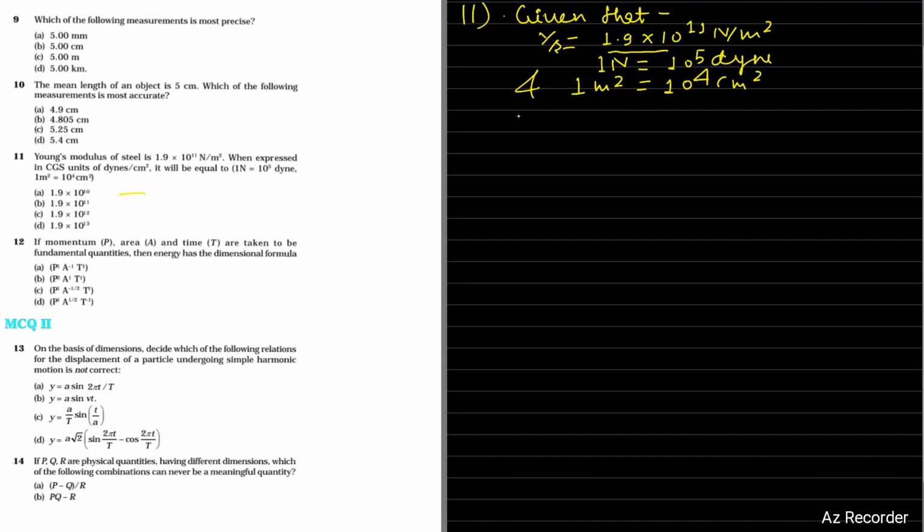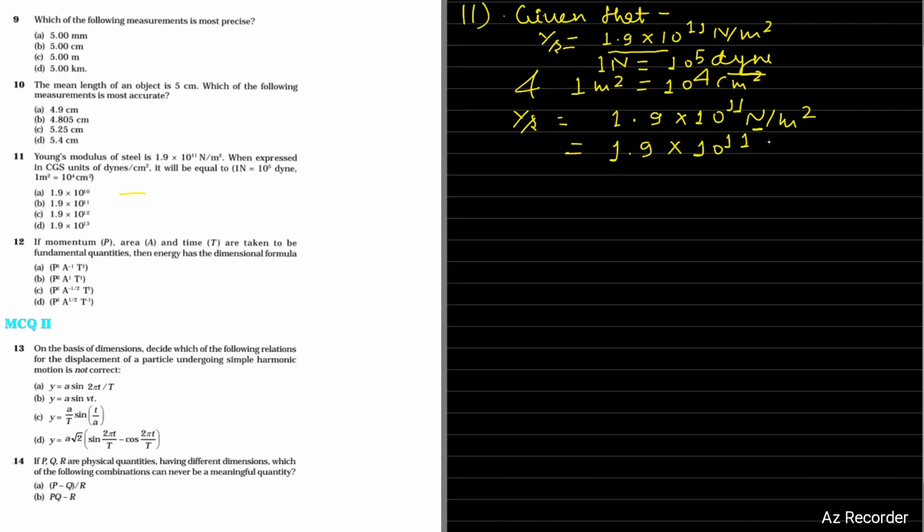So we can write Y_S is equal to 1.9 into 10 raised to the power 11 Newton per meter square. Here we can see easily that 1.9 into 10 to the power 11 is in Newton, and 1 Newton is equal to 10 raised to the power 5 dyne.